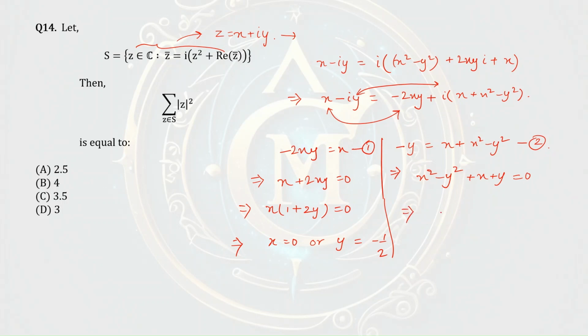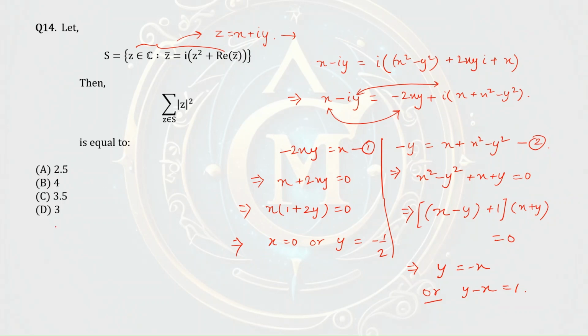That means (x minus y plus 1) times (x plus y) equal to 0. From here we get y is minus x or y minus x is 1. So we have altogether 4 possibilities.